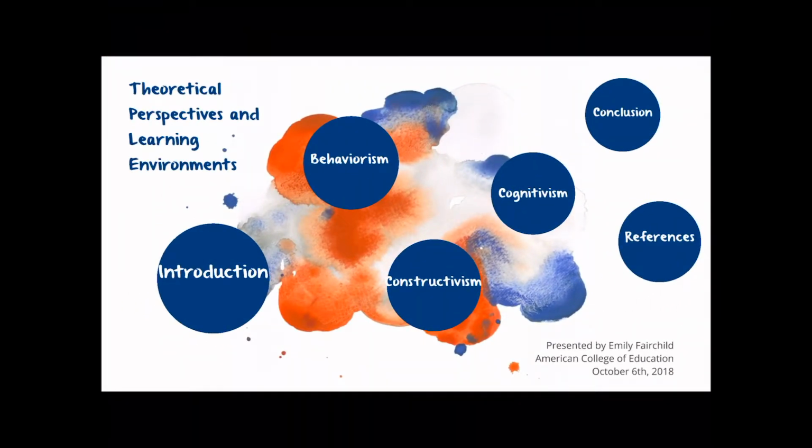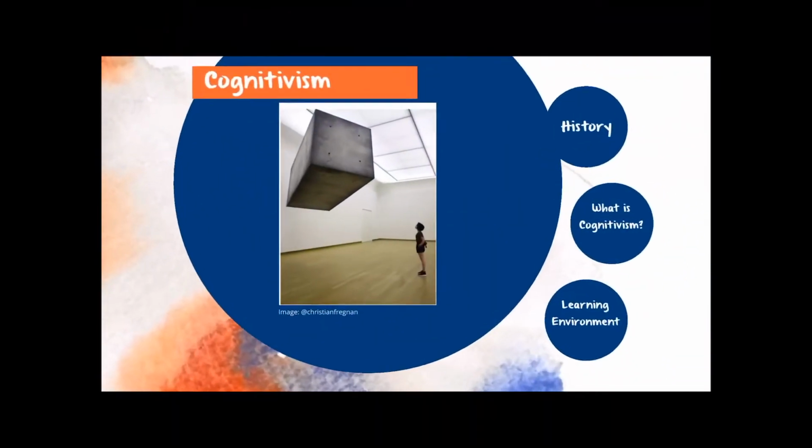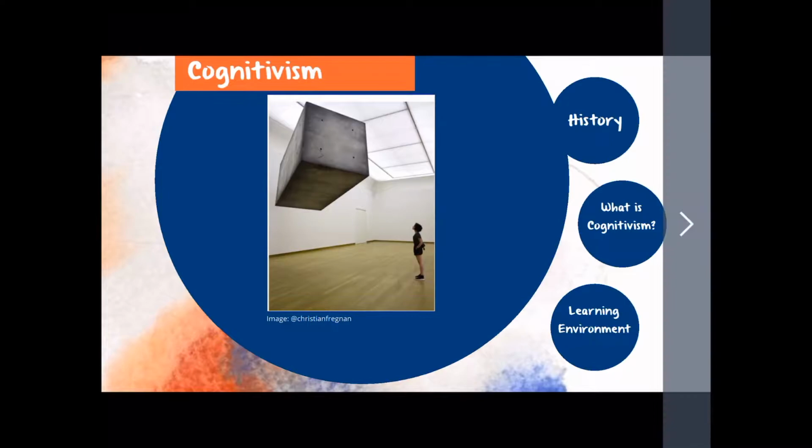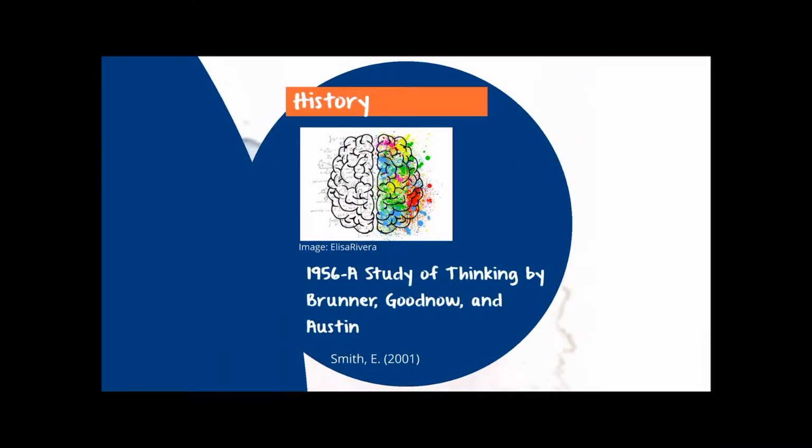The last learning theory we're going to review today is cognitivism. Cognitivism is known as the black box theory. It focuses on how students learn and what we can do to tap into their brain.